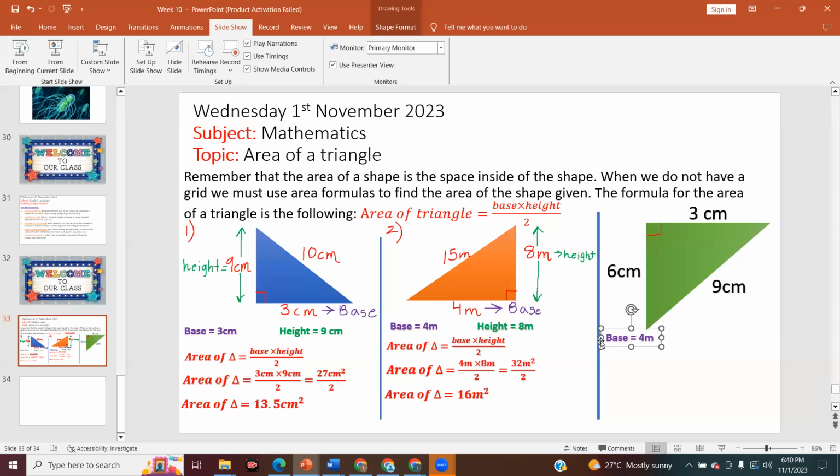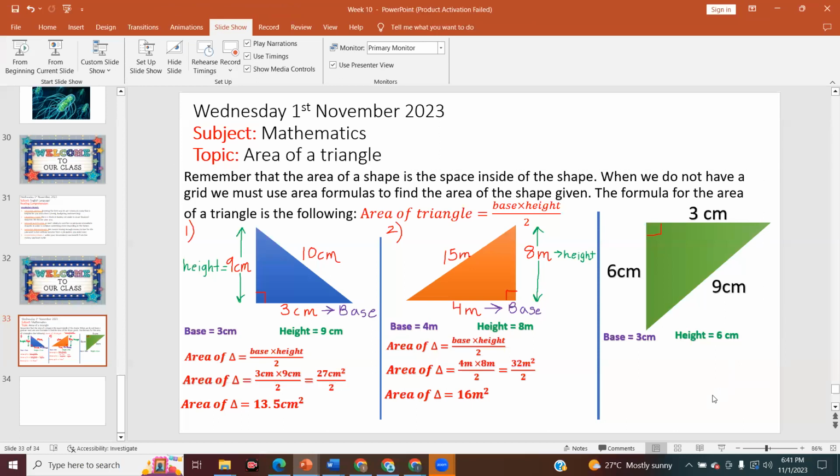Very good. The base is 3 centimeters. And in this question, what is the height going to be? 6 centimeters. Very good. The height is 6 centimeters. So the base is 3 centimeters and the height is 6 centimeters.